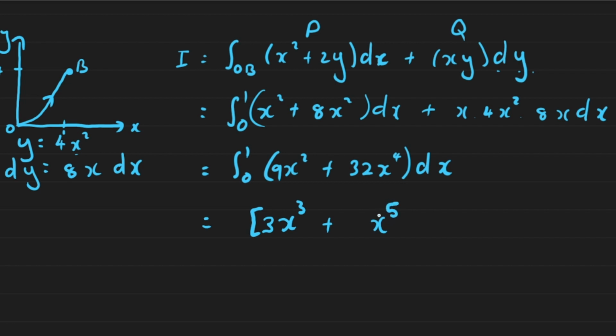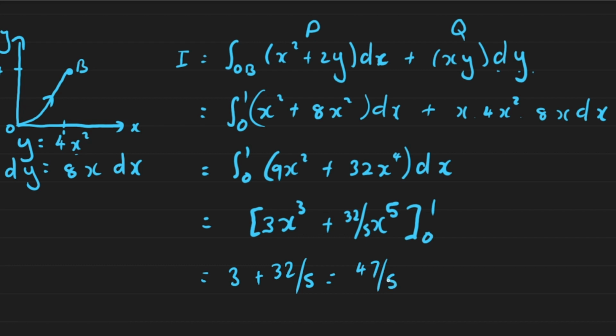Then 5 times something must give us 32, and that would give us 32 over 5. We're integrating from 0 to 1. So of course, 0, nothing is going to happen here. So we substitute in 1, and then what we're left with is 3 plus 32 over 5. And this is just 47 over 5.